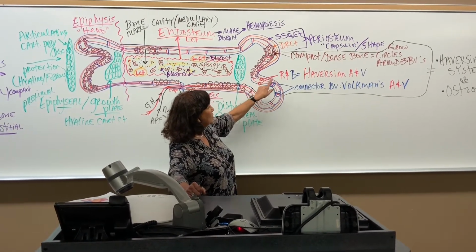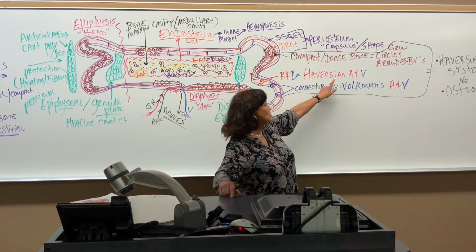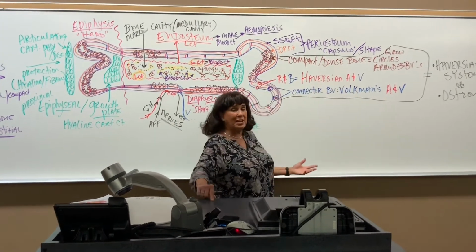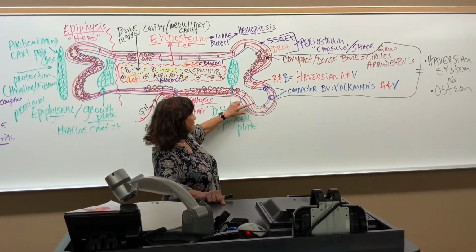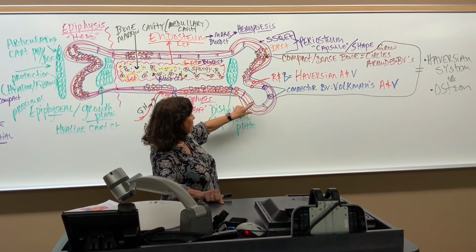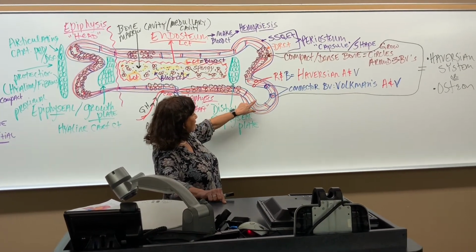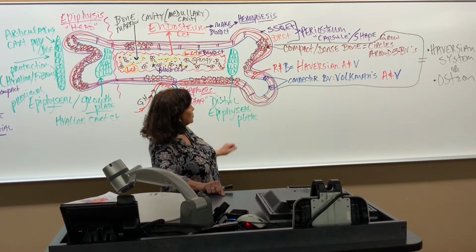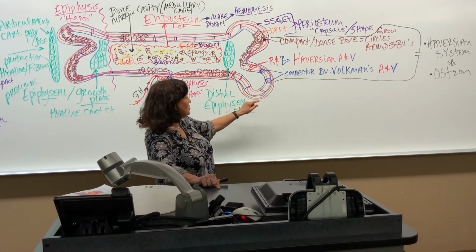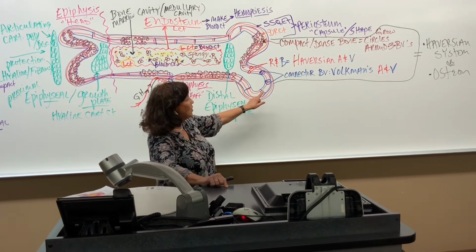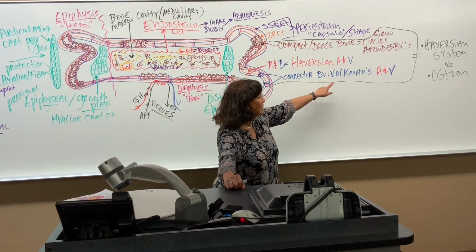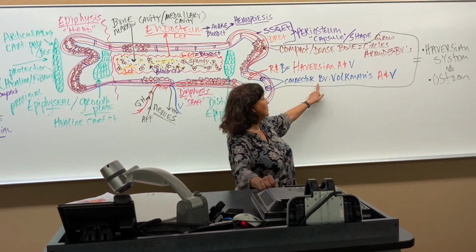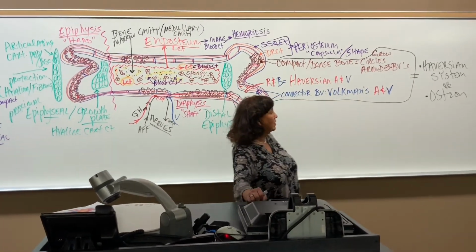These are called haversian artery and vein. So they're named the same thing. So this set right here and this set right here, those are going to be the haversians, okay? Haversians, artery and vein. And then we have connectors between the two. And the connectors are called Volkmanns right over here.